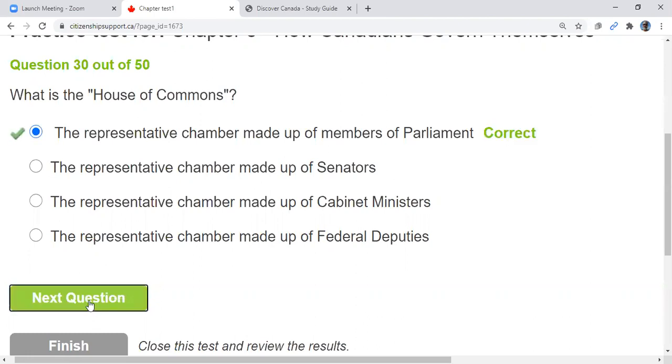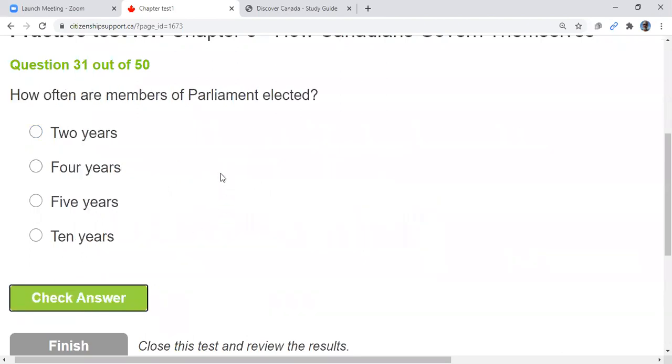Chamber made up of members of parliament. Okay. And then could you do this one, please, Zaniba? And how often are members of parliament elected? Elected for 5 years?